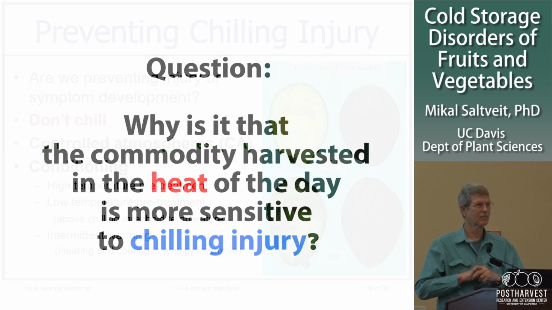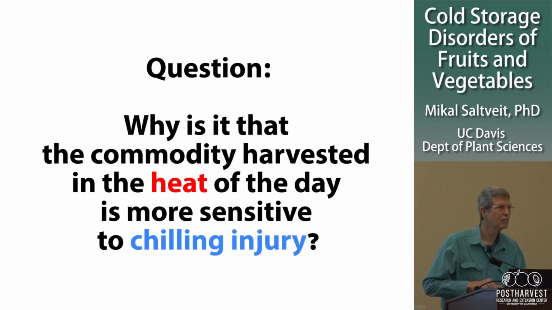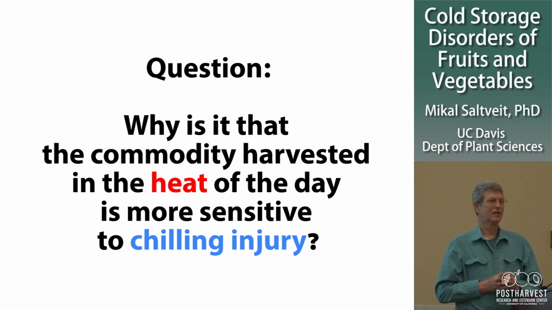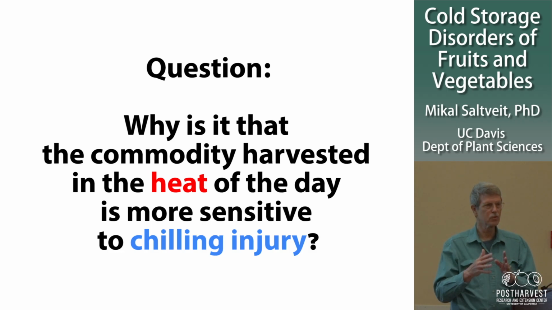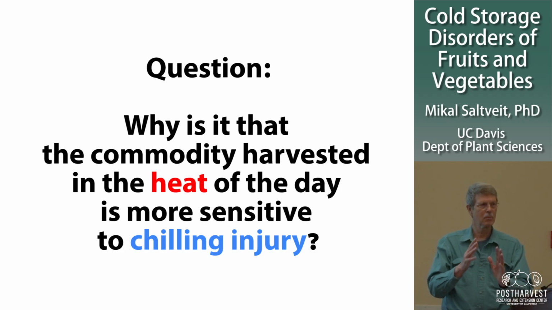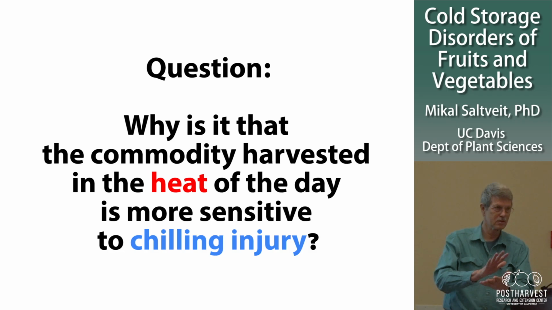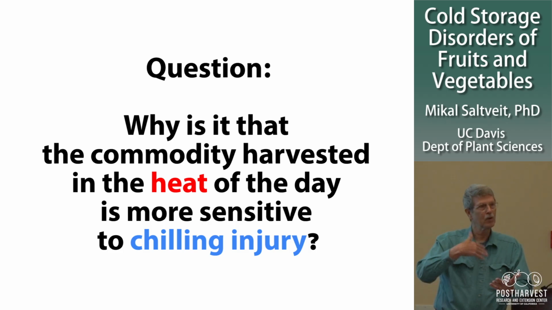Yes? Why is the commodity harvested in the heat of the day more sensitive to chill? The idea is that the membranes around the cell are composed of certain fatty acids, phospholipids. And the fluidity of these varies during the day. The cell wants to maintain the same fluidity in the cell membrane. And the membranes turn over relatively rapidly, about every 6 hours. So they're not static.